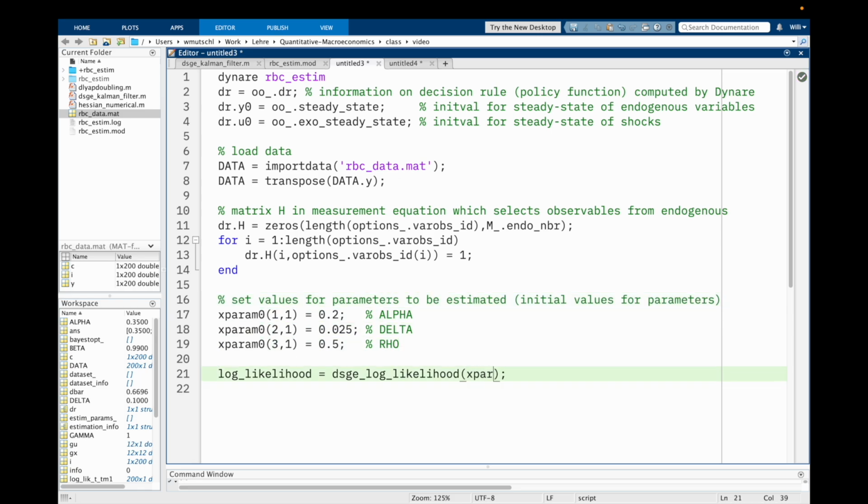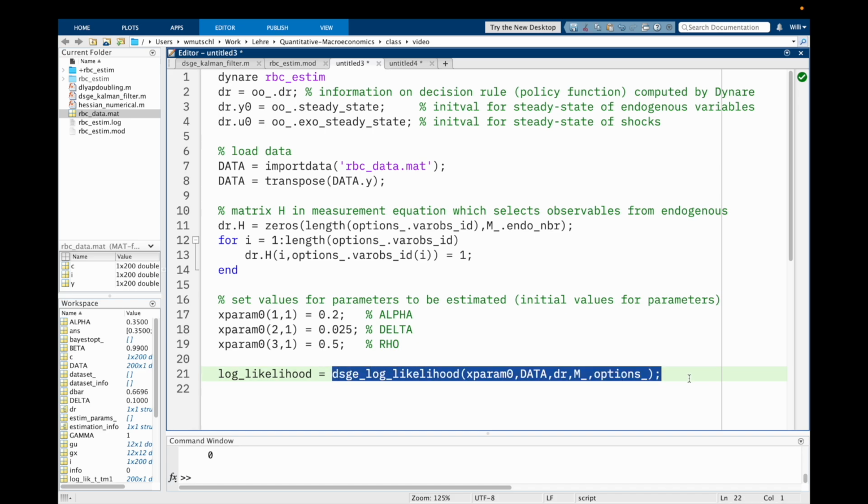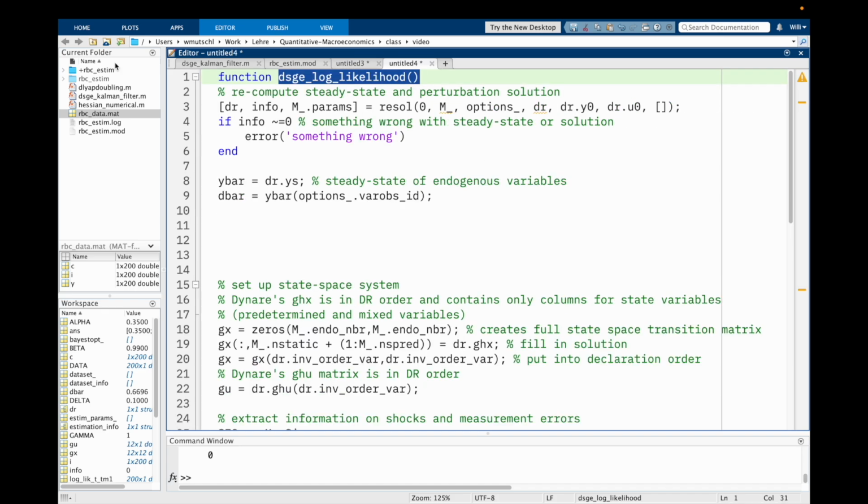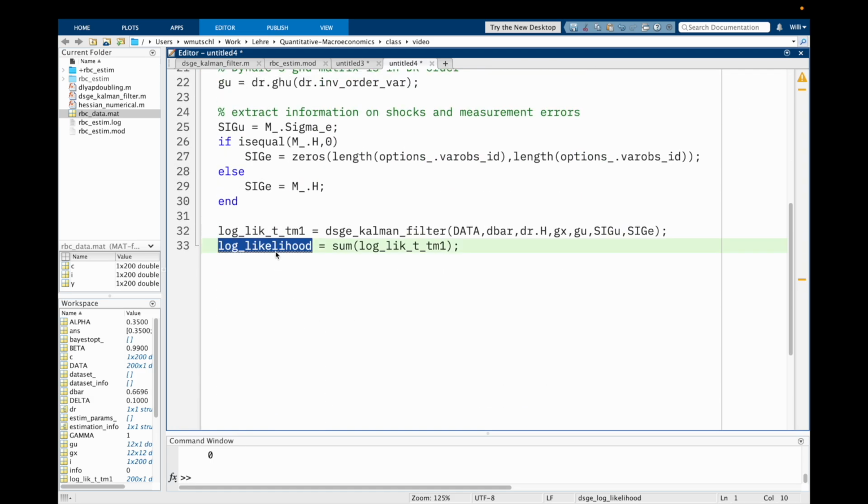And I'm going to provide them to my likelihood. Of course, I need to provide data, information on the decision rule, information on the model, and options. This is the dynamic structure for options. So this is basically my new function, DSGE log likelihood, and it should output the log likelihood.